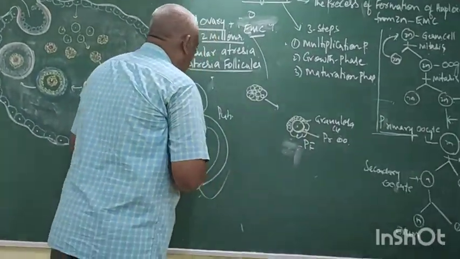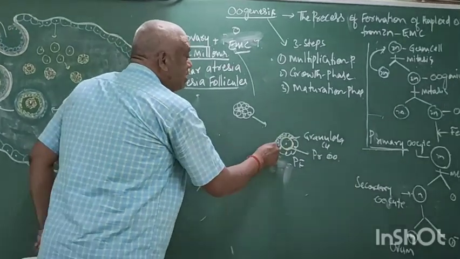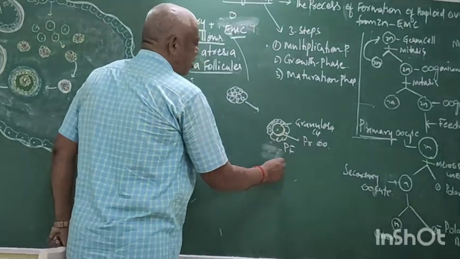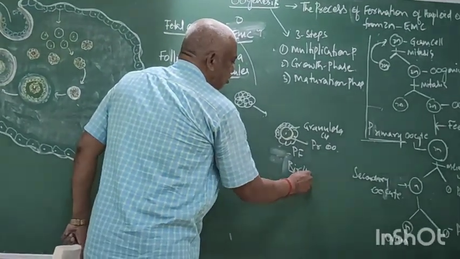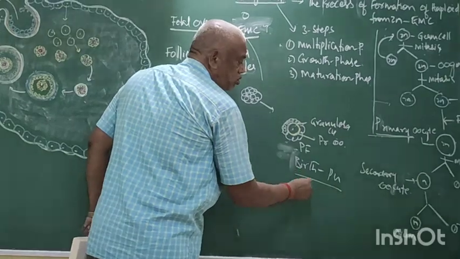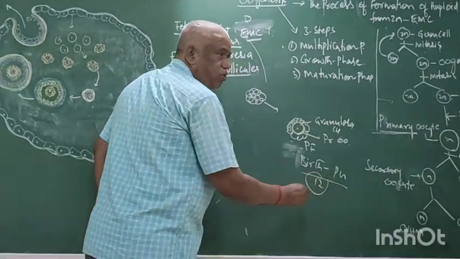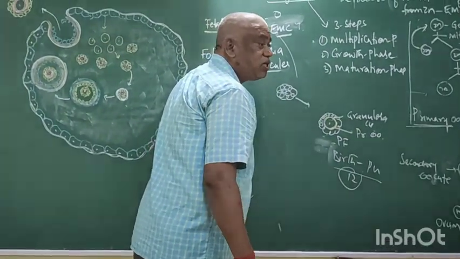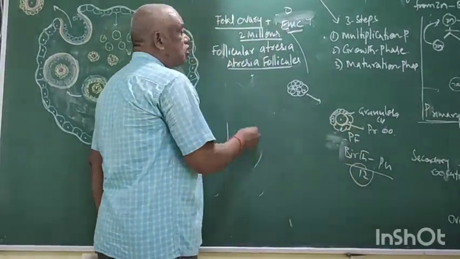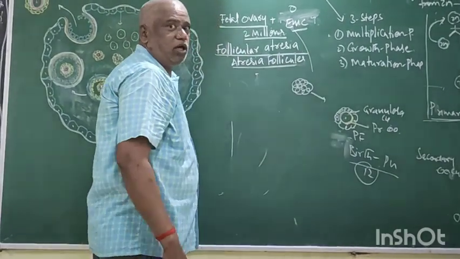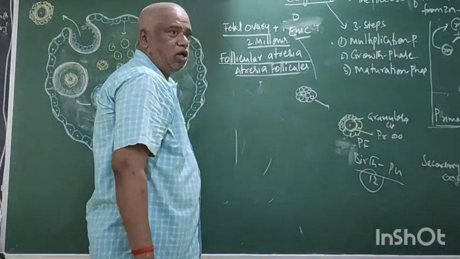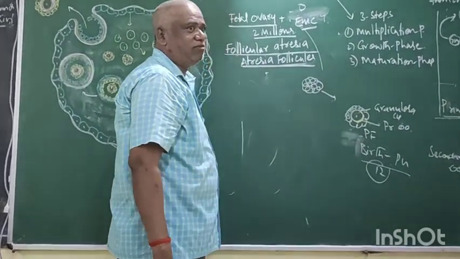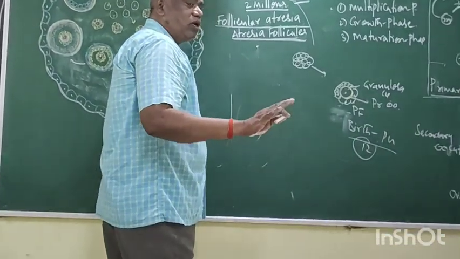Some primary follicles degenerate from birth to puberty. In this 12 years gap, some primary follicles are degenerated. The process of degeneration of primary follicles is called follicular atresia, and the degenerated follicle is called an atretic follicle. Okay, just listen. You can understand.